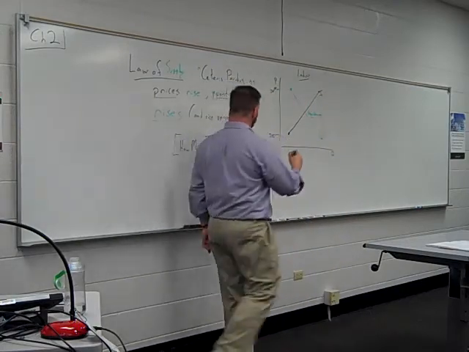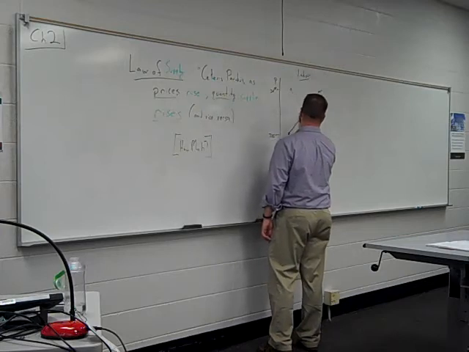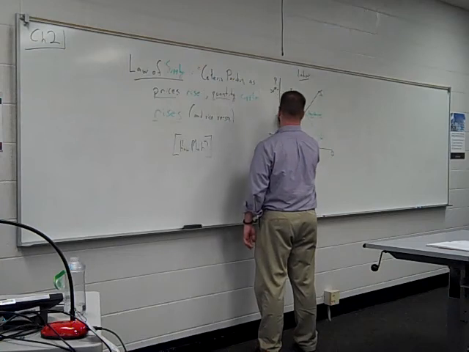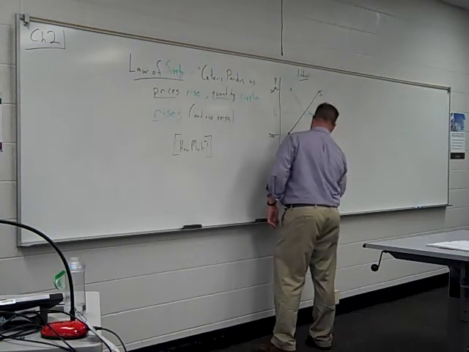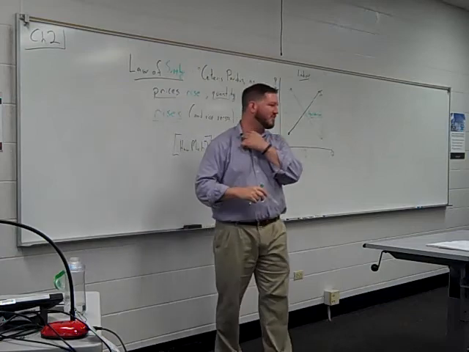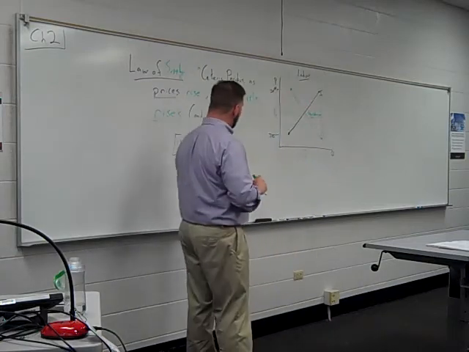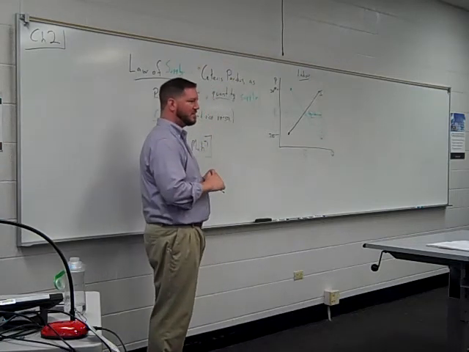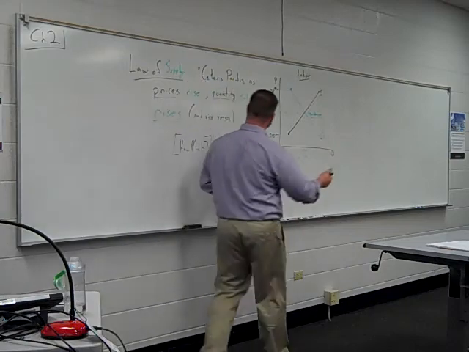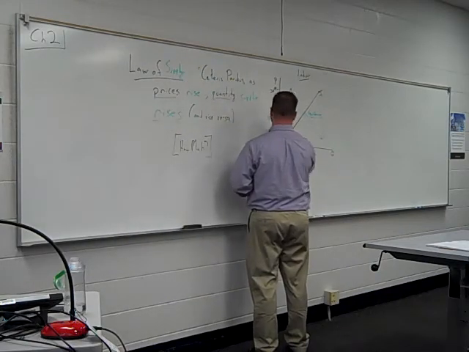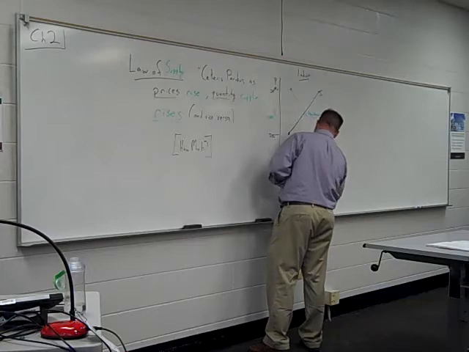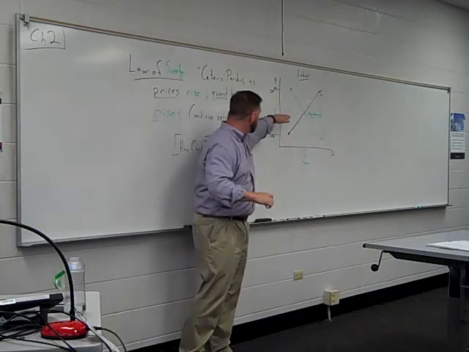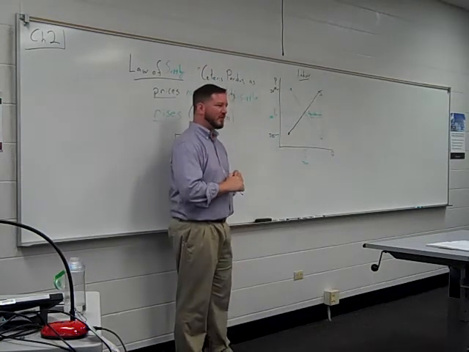We reach an equilibrium level of price and quantity, which I'll label as P sub E and Q sub E. We reach an equilibrium point of price and quantity, where the price here might be, say, $11 an hour, and we need 700 people at this price and quantity to fill our trucks with boxes.